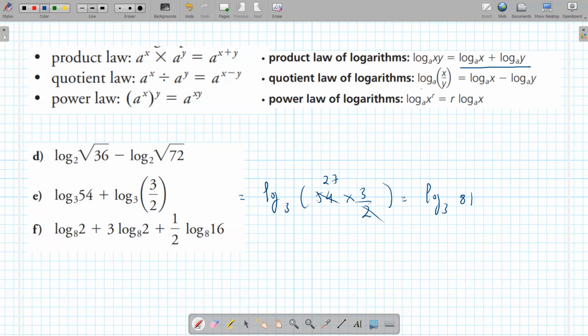It's 4, right? Because 3 to the power 4 is 81. And that's it. Just 2 or 3 steps.